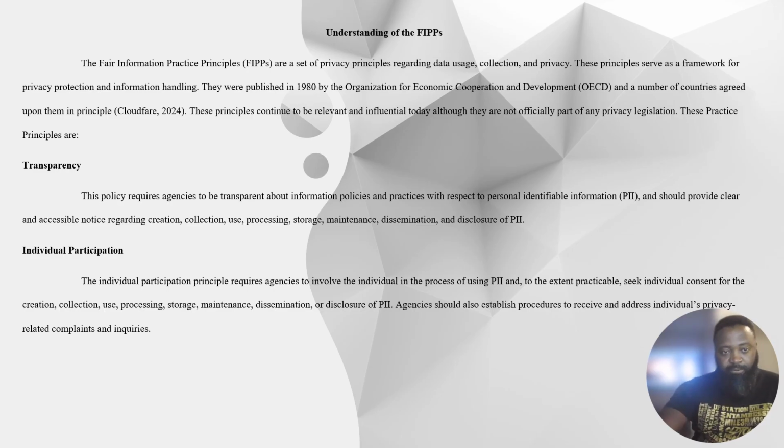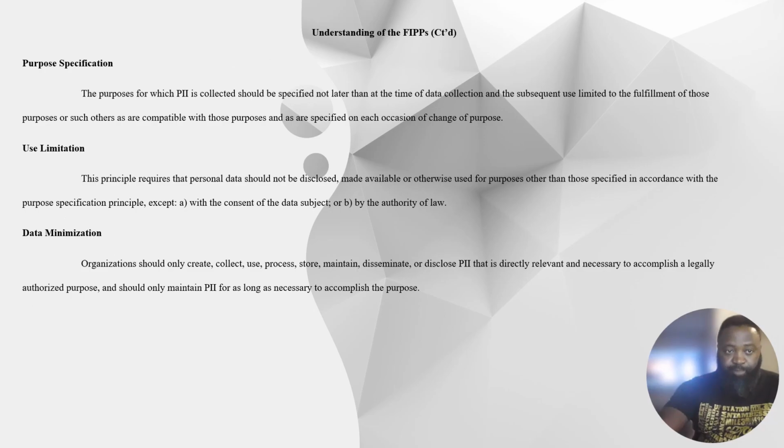So the next principle is purpose specification. So this principle states that the purpose for which PII is collected should be specified not later than at the time of data collection, and the subsequent use limited to the fulfillment of those purposes or such others as are compatible with those purposes and as are specified on each occasion of change of purpose. Okay, so let's just talk about this.